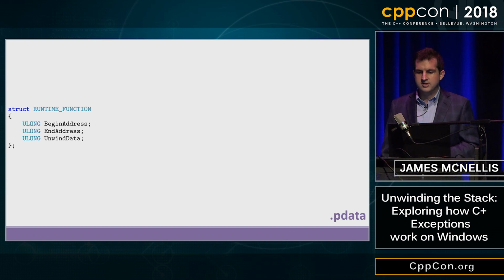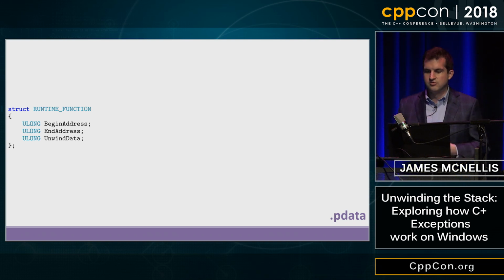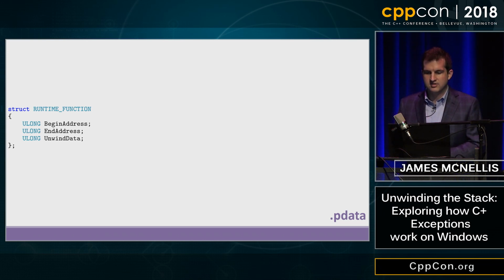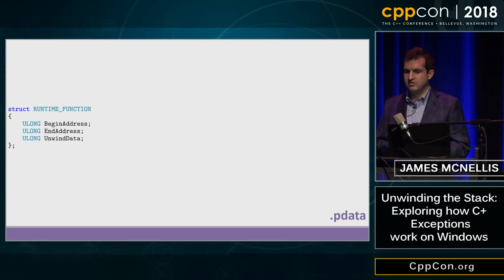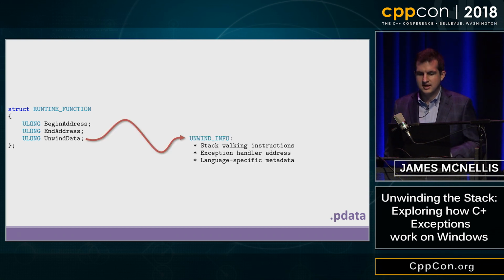So on x64, we define the pdata section as containing an array of these runtime function objects. Each runtime function specifies the begin and end address of the function, and then a pointer to the metadata describing the function. This array is sorted, so the OS can basically just do a binary search using whatever the current instruction pointer is to find the right function entry. The metadata then includes information that the OS needs to walk the stack.